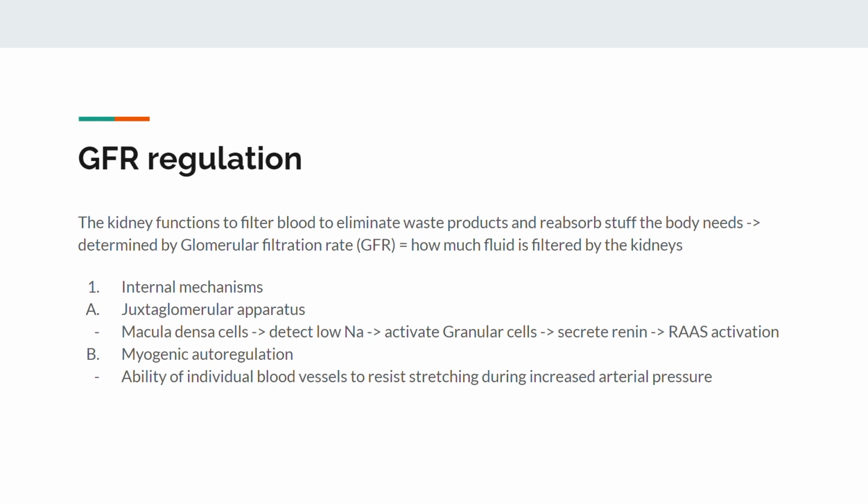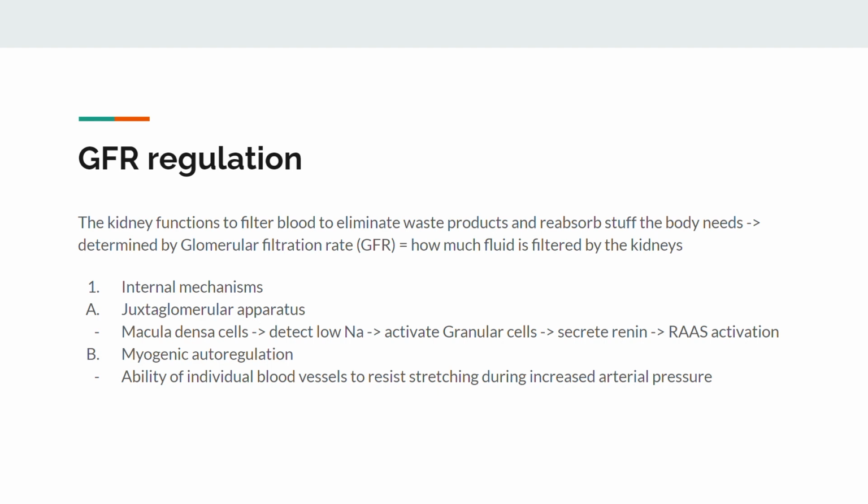So the body has lots of mechanisms that it uses to essentially regulate the GFR. So we'll start with internal mechanisms, things that are intrinsic to the kidney, before moving to the external controls. In terms of internal mechanisms, the main one is the juxtaglomerular apparatus. And this is essentially a group of cells found around the PCT and afferent arteriole, which work to do the following.